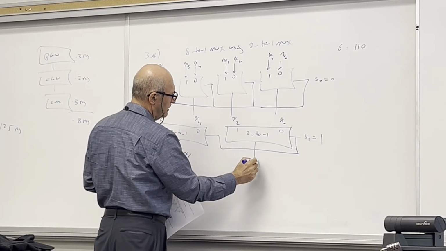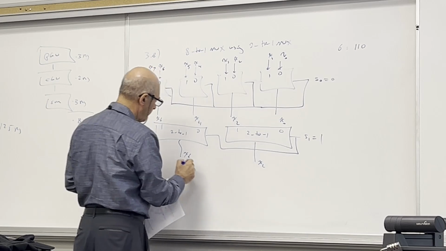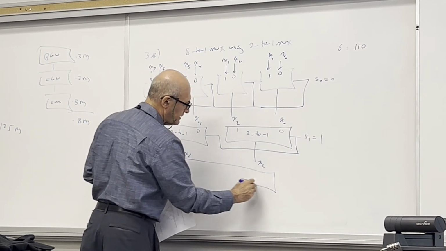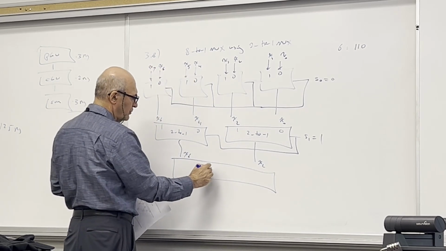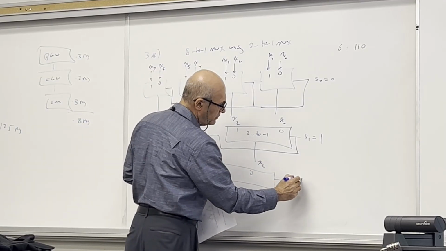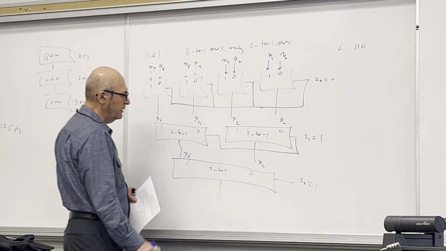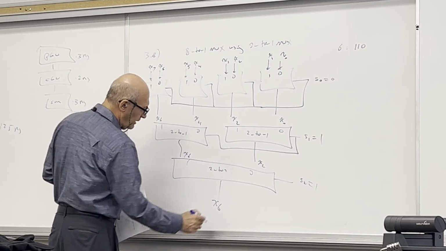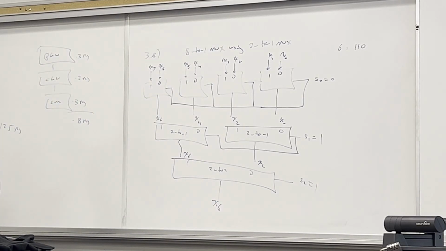It's going to pick here x2. And then you're going to feed all of this into another 2 to 1 mux, 0 1. And this would be x2, which is in this case 1. So it's going to give you x6. So that's how it works.